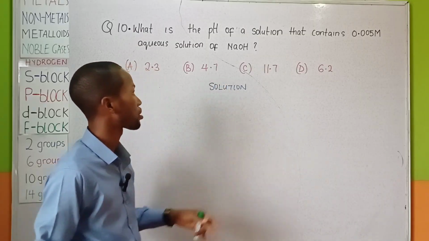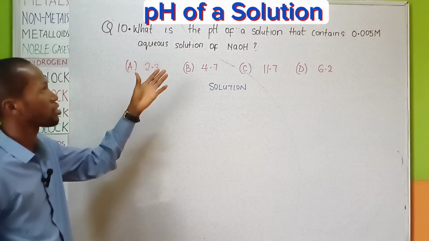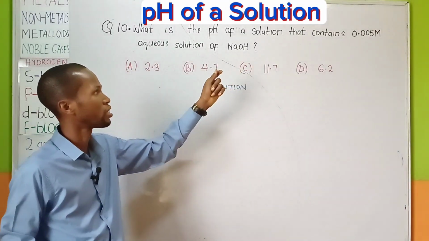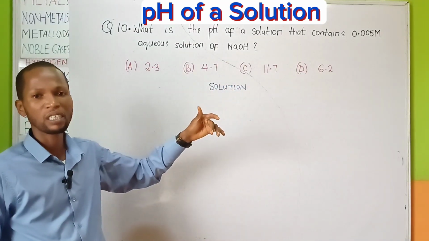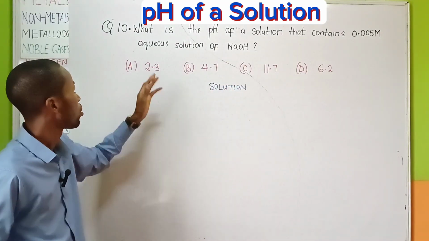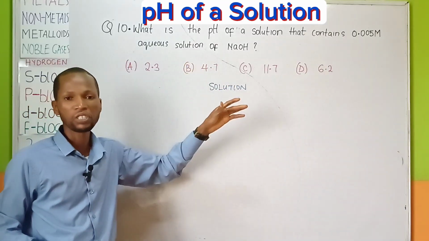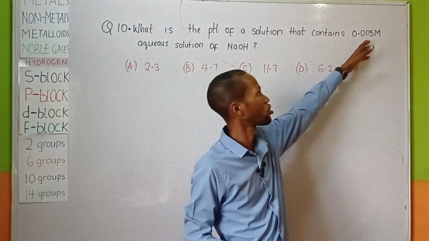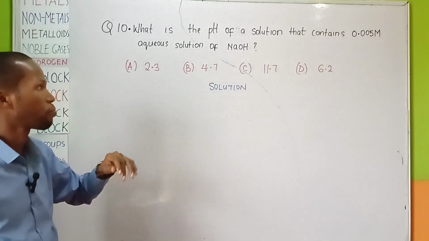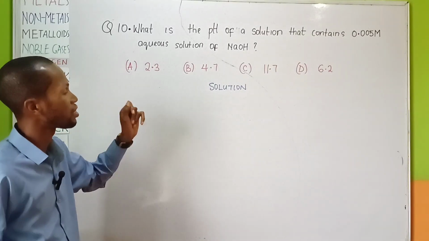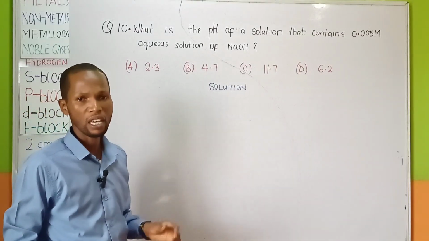So let's take this question right here. What is the pH of a solution that contains 0.05 molar? Molar is the same thing as mole per dm cube. Aqueous solution of sodium hydroxide. So the concentration of the sodium hydroxide is 0.05 molar. So we have to find the pH.